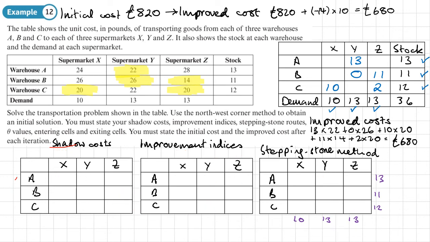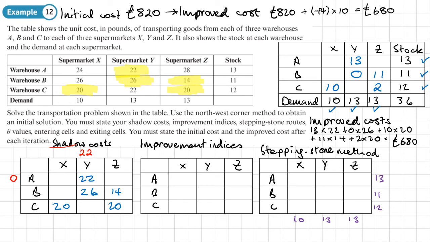So now we're going to work out the shadow costs. So the costs that we have are 22, 26, 20, 14 and 20. And we start with our source cost here of 0, which means that this cost here needs to be 22.